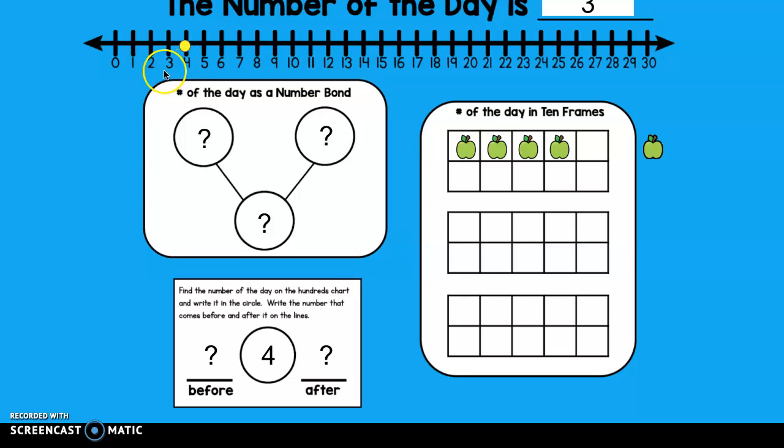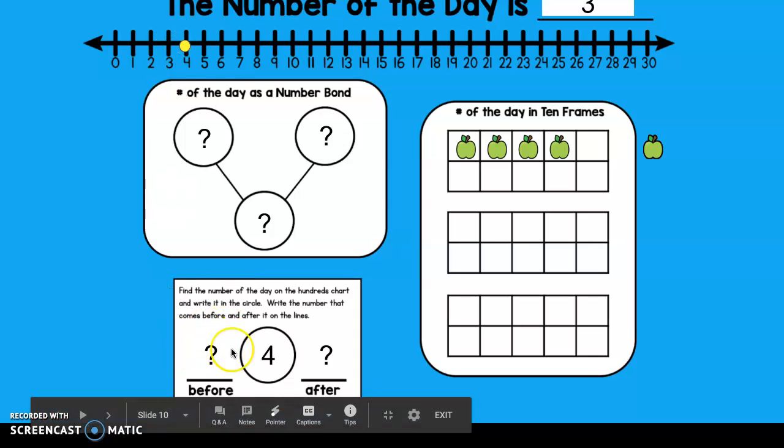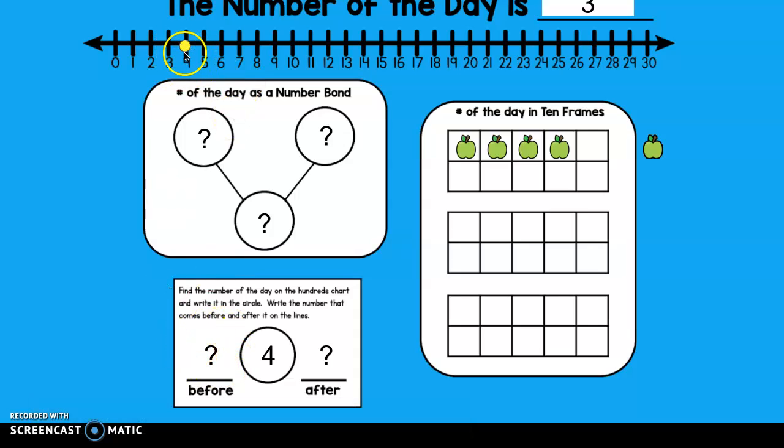That means what number comes right in front of it. So that means we're going to the left, which is this way. So what number comes in front of the number 4? Ding, ding, ding! We got a winner. The number 3. So 3 comes before, and then we have 4.